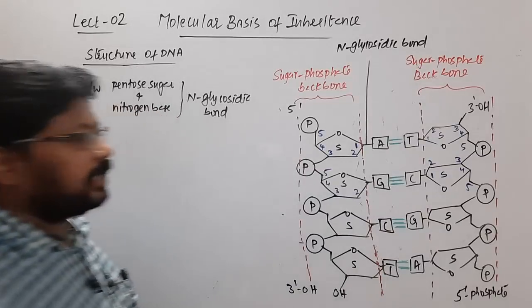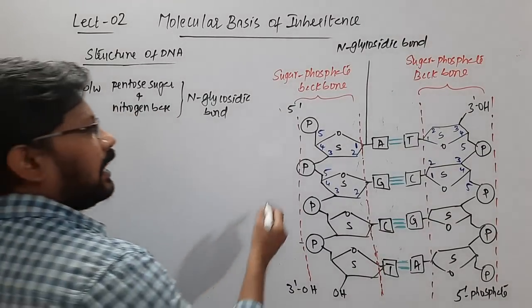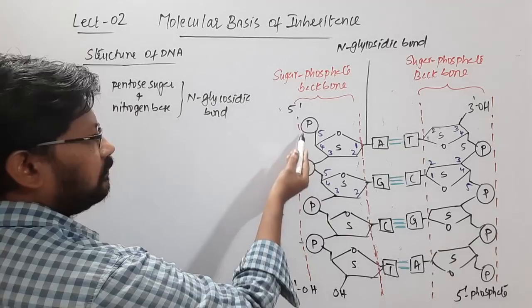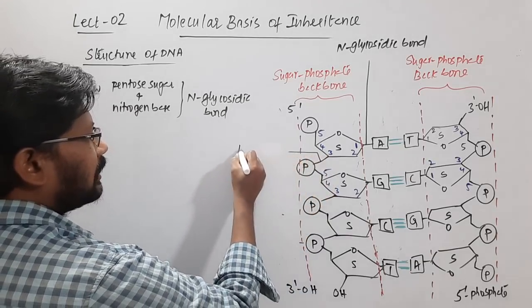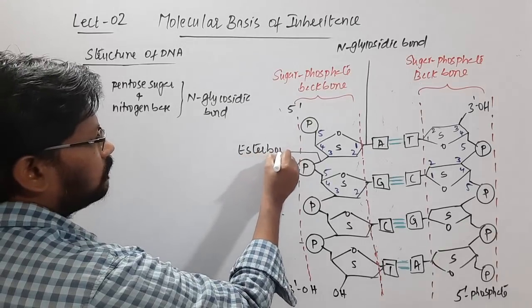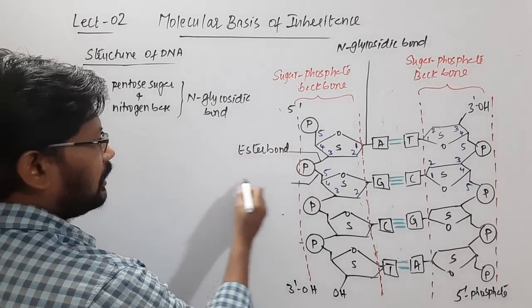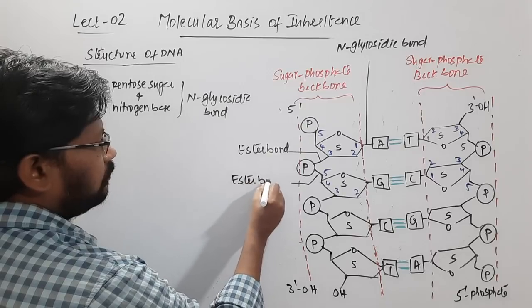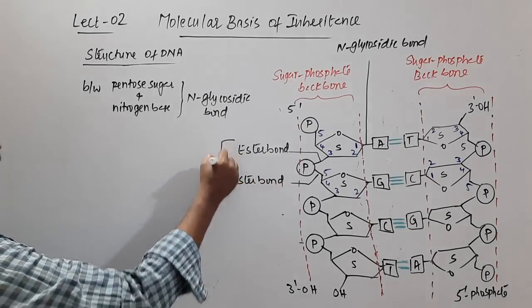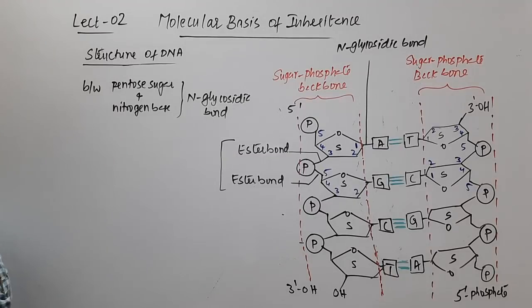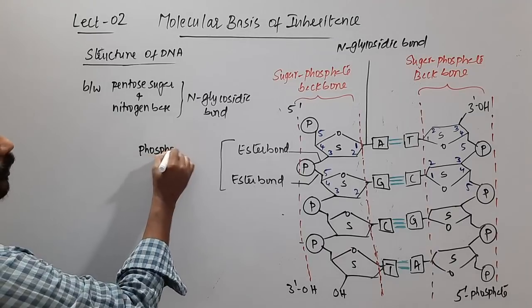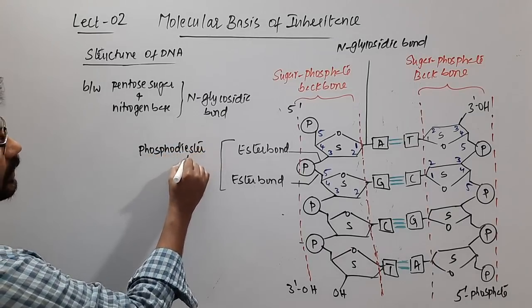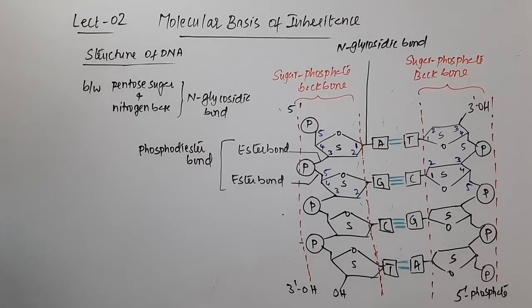And the bond that exists with the phosphates, this is an ester bond and this is again an ester bond. So, since it exists with the phosphate, I call this the phosphodiester bond.